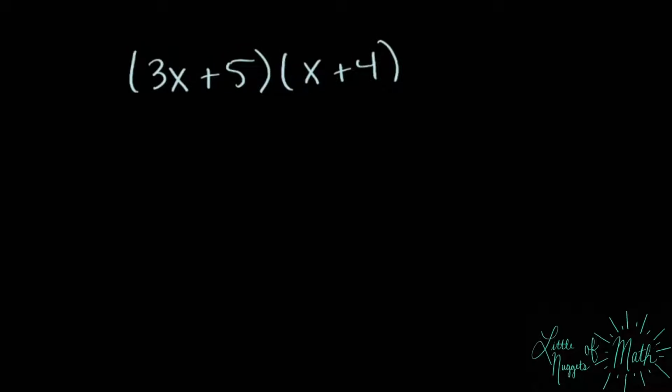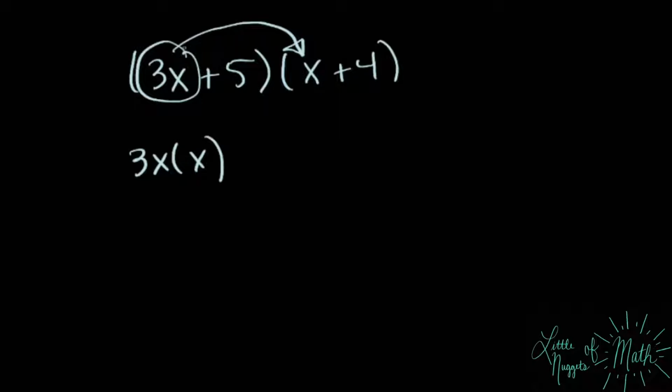So let's start with the 3x. We'll take, just like we did with the 7 in the last problem, 3x times x and 3x times 4. And that has taken care of the first term.